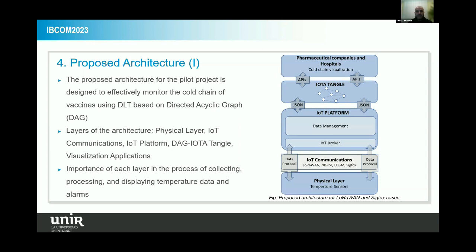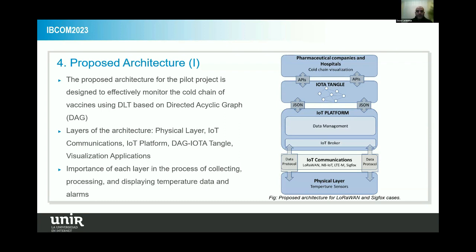The second layer is the IoT communications. It is responsible for transporting the data from the sensors to the IoT platform. Here, different data transport protocols are used to exchange information between the IoT platform and the sensors, depending on the IoT devices and the communication technology, because we can choose different connectivity protocols depending on the critical use case.